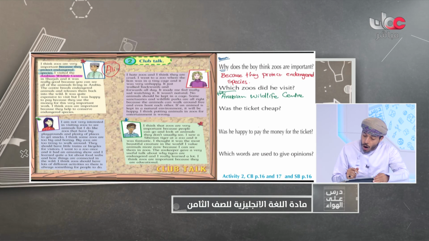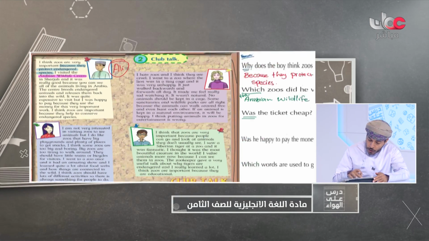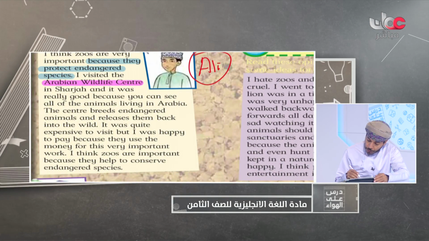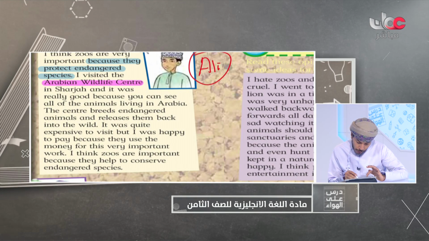Good. Was the ticket cheap? And this is a yes-no question, so the answer can be yes or no. If we go through the text, the center breeds endangered animals and releases them back into the wild, and it was quite expensive to visit, but I was happy to pay because they use the money for this very important work.